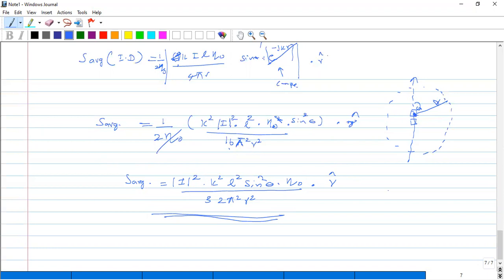If you consider this is the antenna and you consider this space, it is not changing, it is uniform. But if you consider the theta direction, you can see that it is changing. Sine square theta is there, so it is changing due to theta.